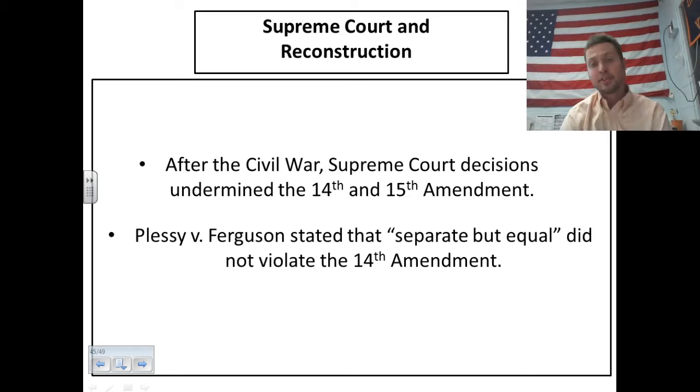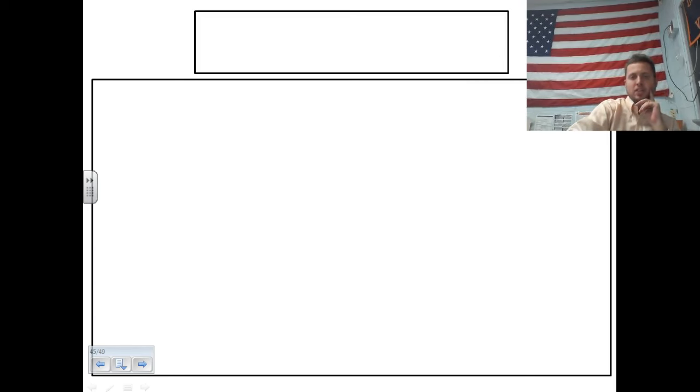In Plessy versus Ferguson, a guy named Homer Plessy challenged segregation laws, and it was stated that separate but equal did not violate the 14th Amendment. What that means is it's okay to have segregation. Segregation doesn't violate the 14th Amendment, right? Okay, cool. Got it. Pause me if you don't.